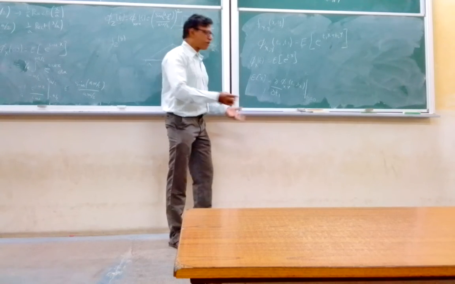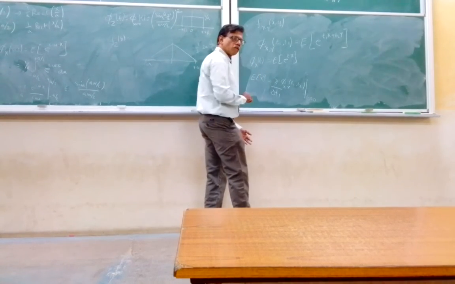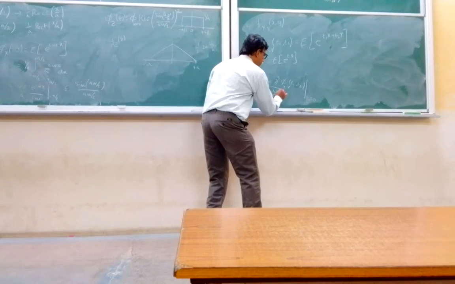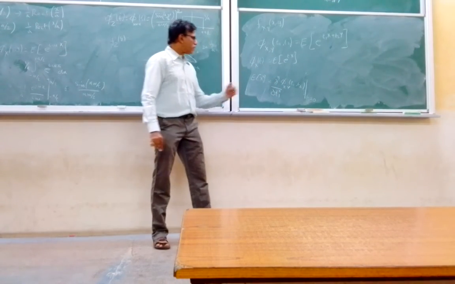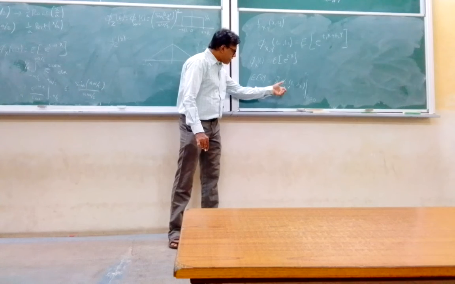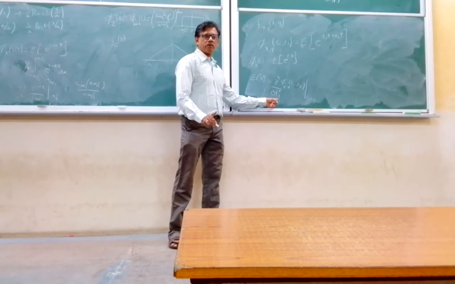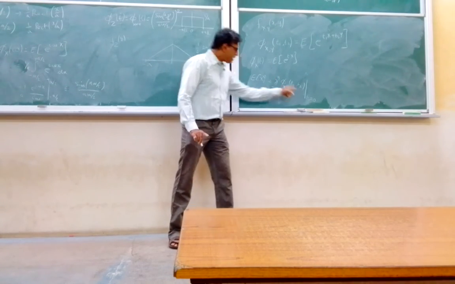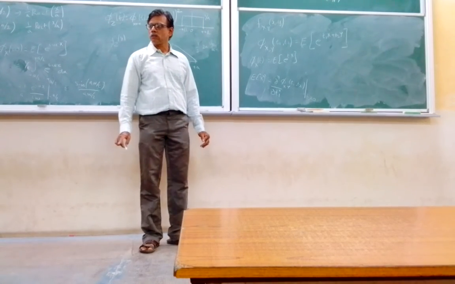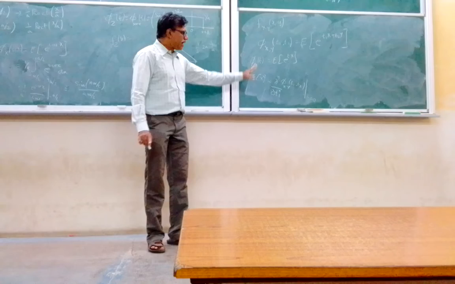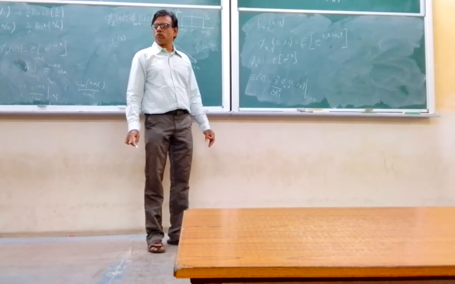We can further generalize. If you want the nth moment of X, you differentiate it with respect to t1 only, n times, and then set t1 equal to 0. Similarly, it should be true for t2.